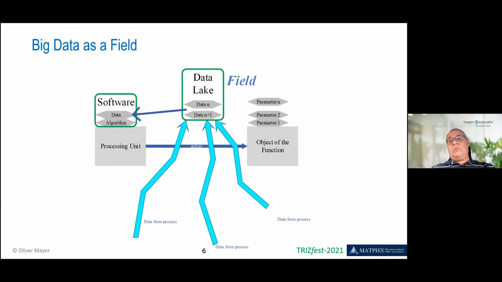So we define them as a technical field, like a heat field, an acoustic field, or whatever. This is also without mass, but has a direct impact on that part.